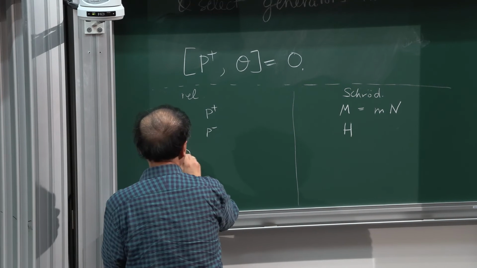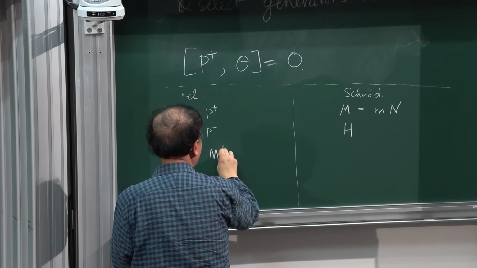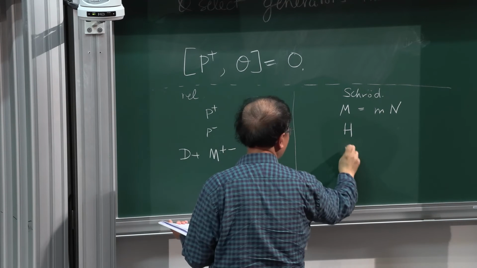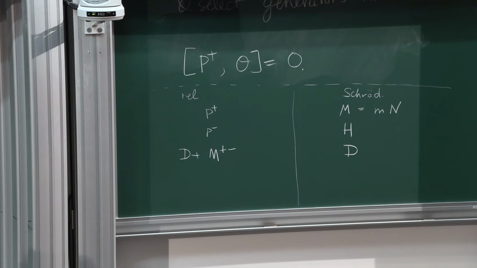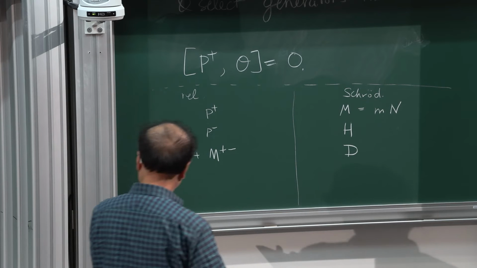The operator d plus m^{+-} becomes d in Schrödinger. So the dilatation in the Schrödinger algebra corresponds to a linear combination of dilatation and boost along the plus-minus direction. And then there are various other things.